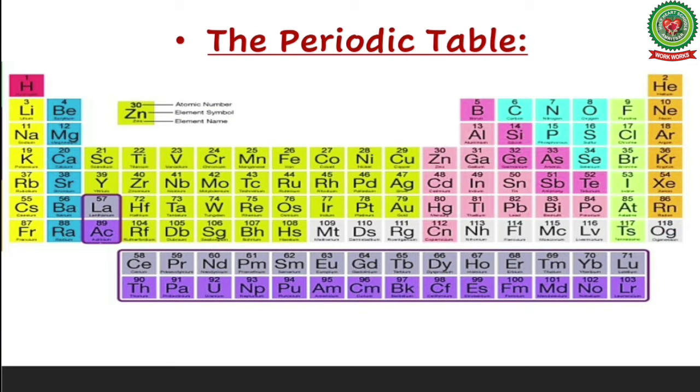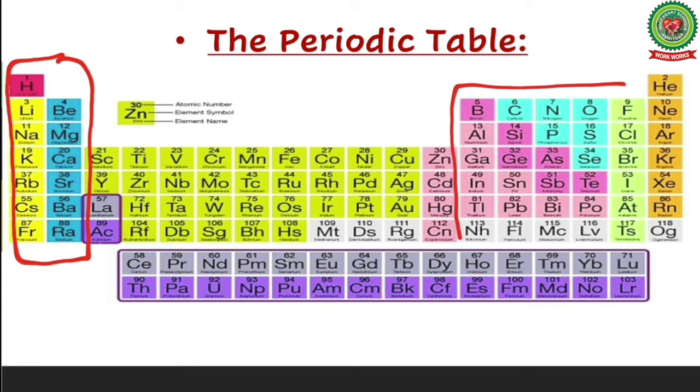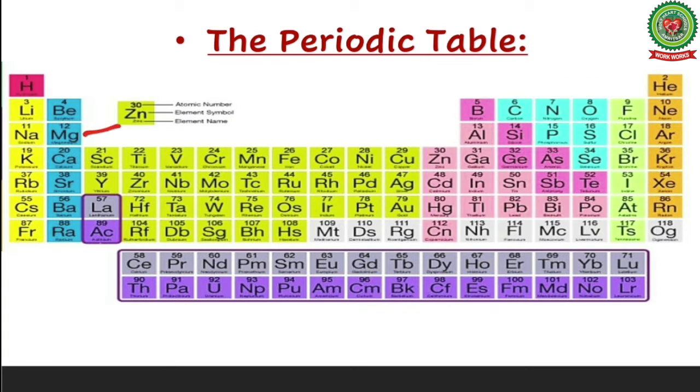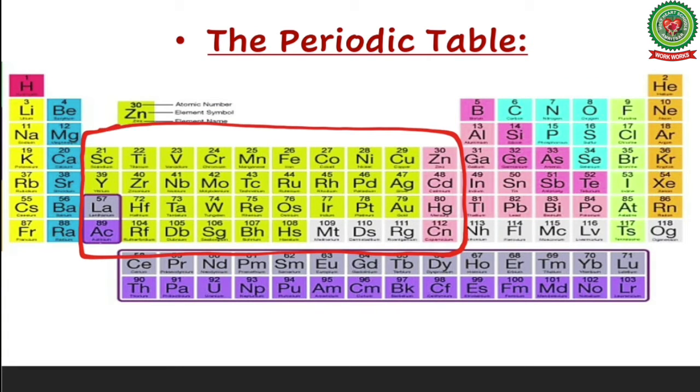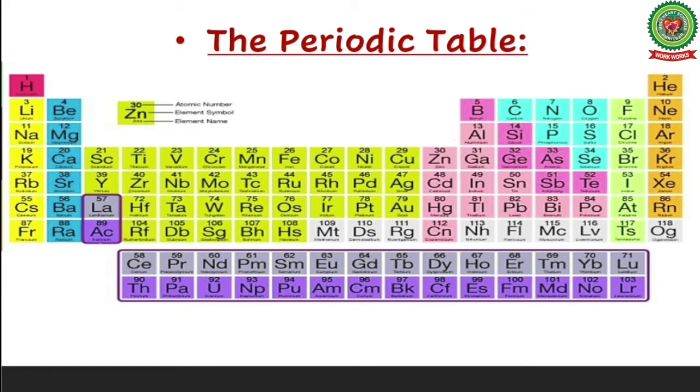The second one is normal elements. According to Bohr's classification, group number 1, 2 and from 13 to 17, they are known as normal elements because their last shell is incompletely filled. And from group number 3 to 12, they are known as transition elements because their last two shells are incompletely filled.